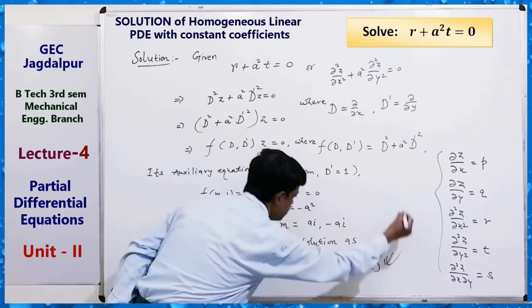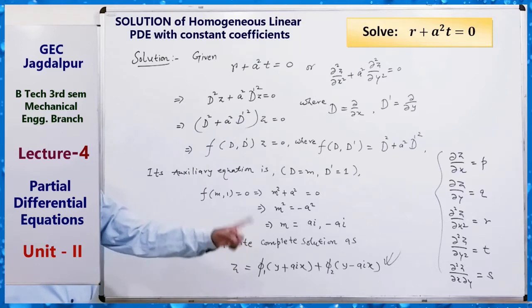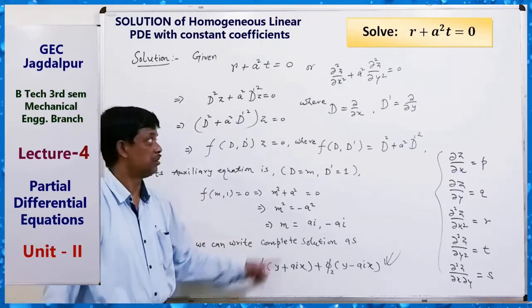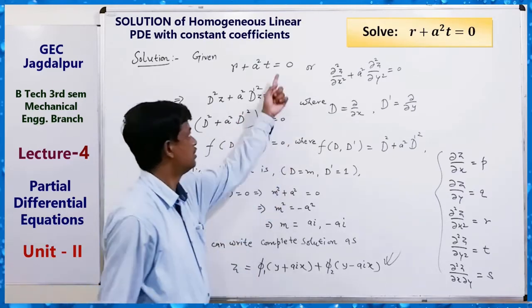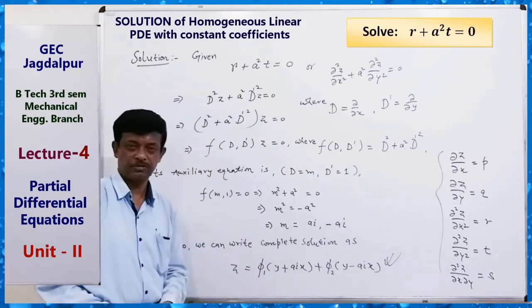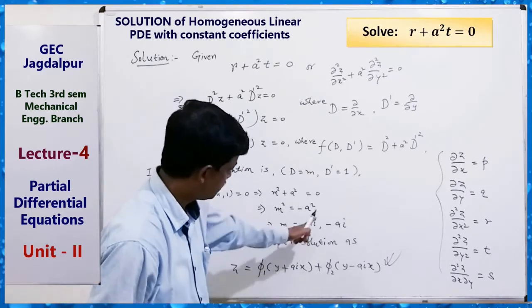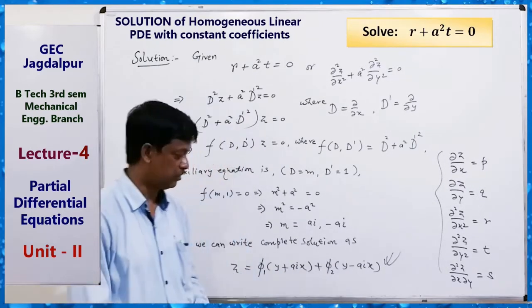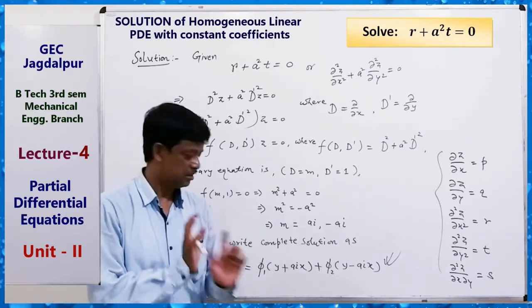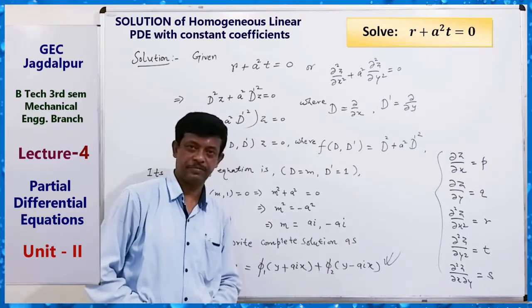So this is our complete solution of this. The right hand side is 0, so this is the solution. Clear? Distinct roots, so we can write like this, two functions with y plus mx format.